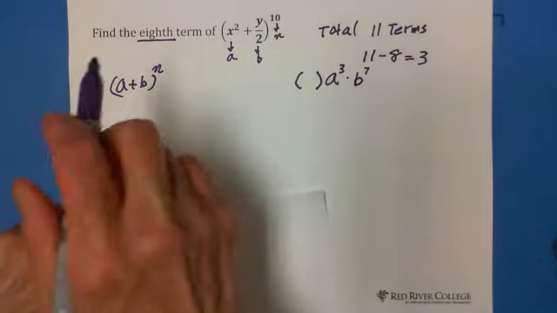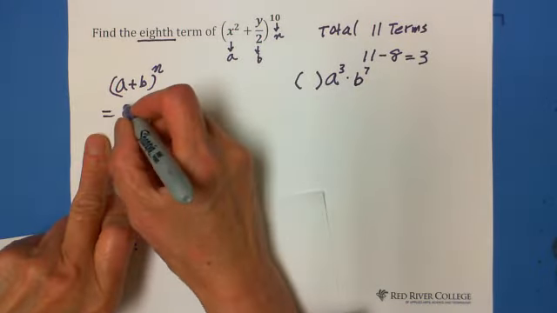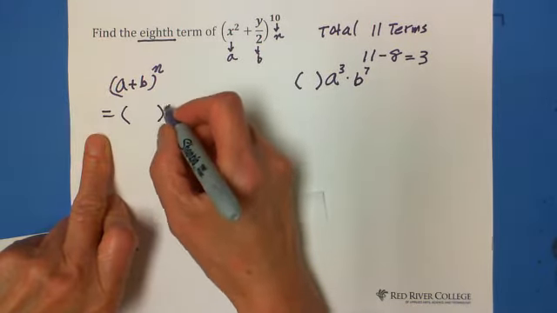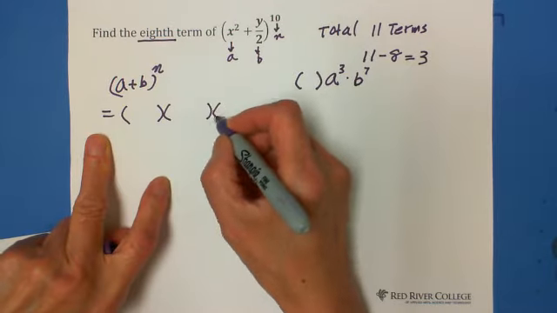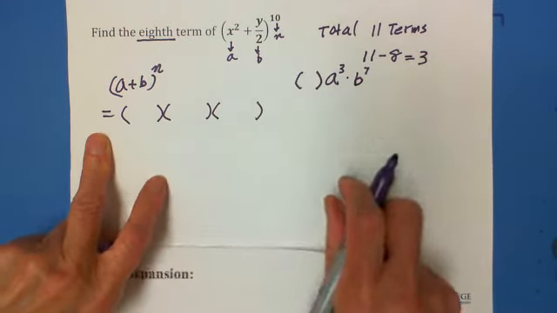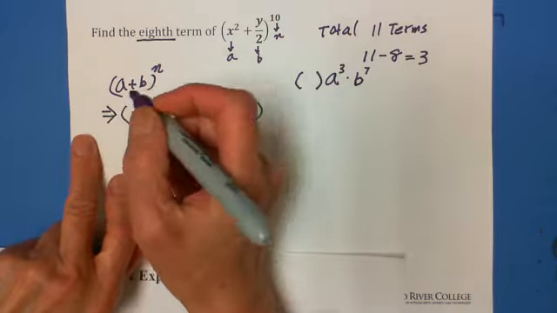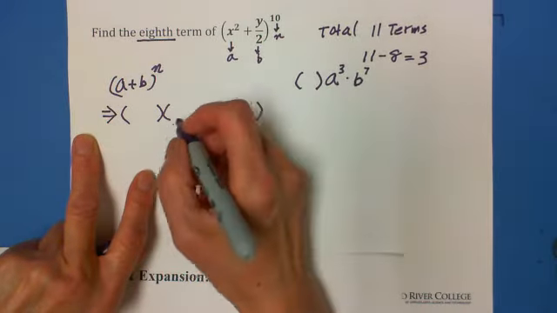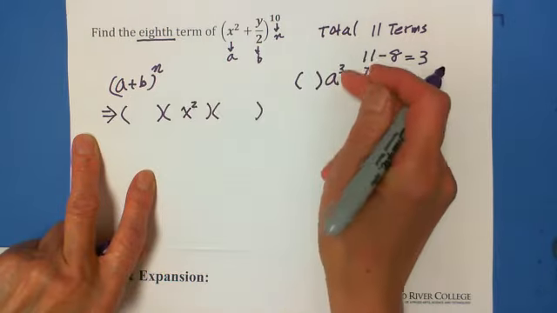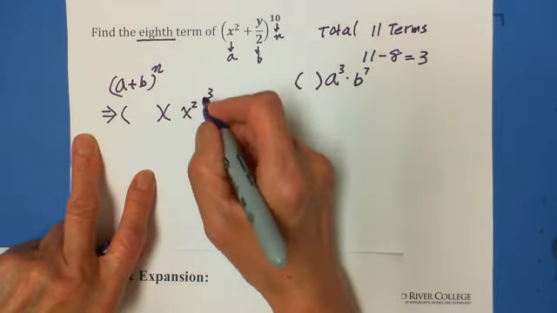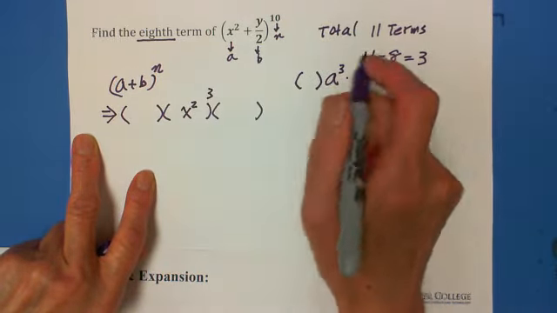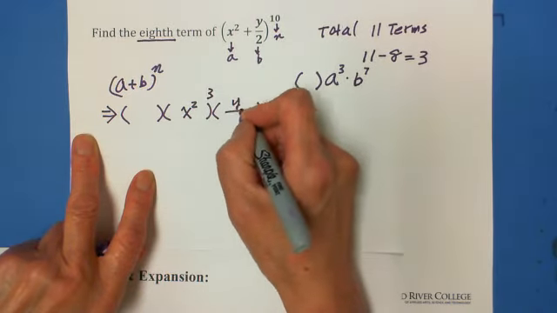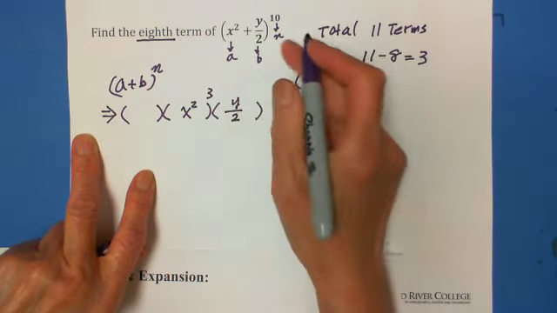That's why we can write the eighth term with brackets, with 3 components. This is a to the cube, and a is x squared, so x squared to the cube. B is to the 7 exponent, with b being y over 2, so y over 2 to the 7 exponent.